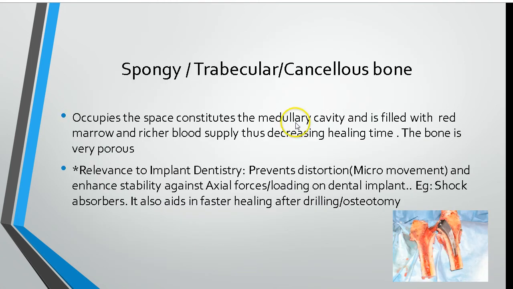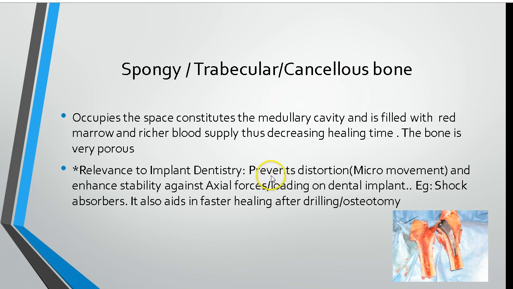The second type of bone we're going to talk about is spongy bone, the trabecular bone, the part that's right down the middle. It occupies the space in the cavity and is filled with red blood cell marrow, and because you have good blood supply and red blood cells, it also helps with a decrease in healing time. The bone is very porous, and let's talk about how it's relevant to dentistry.